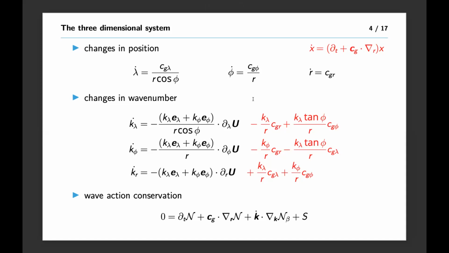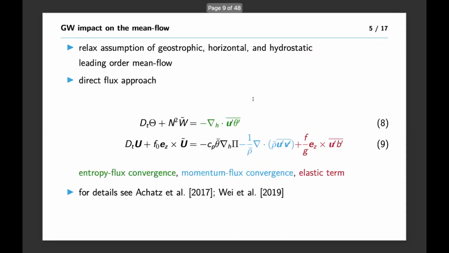These are the mean flow gradients, which modulate the waves, as we've seen, for instance, in Peter's talk earlier. But these waves are non-linearly interacting with the mean flow, so they're also generating a mean flow, and that's in the following description. First thing is, we do not make the assumption that our mean flow is geostrophic, purely horizontal, and hydrostatic, because that's the leading order solution when we have small Rossby numbers.